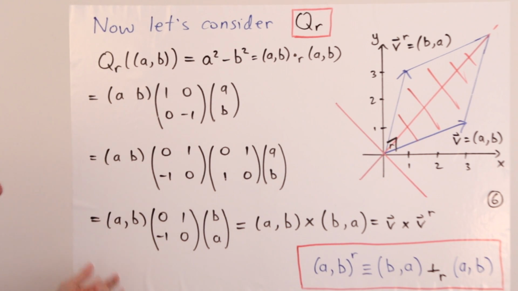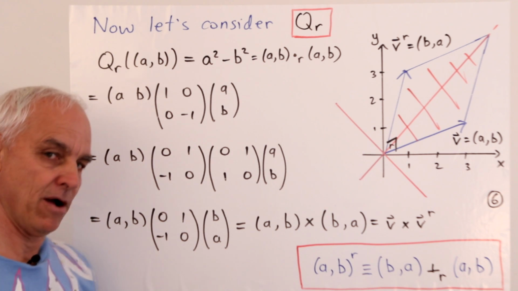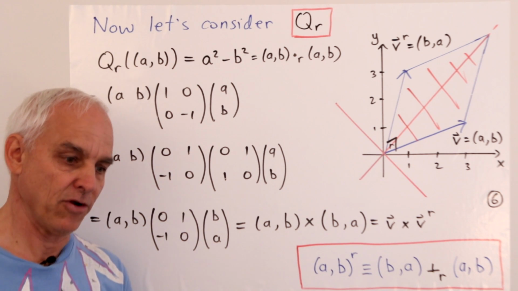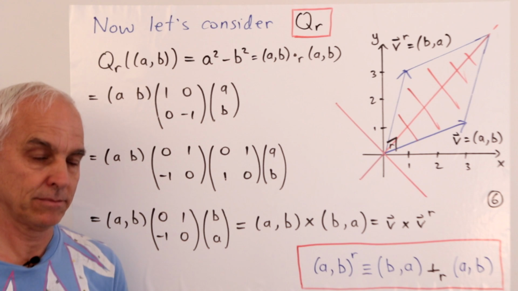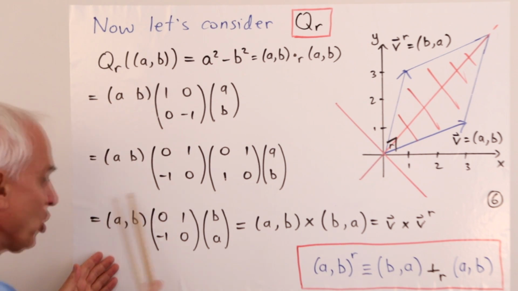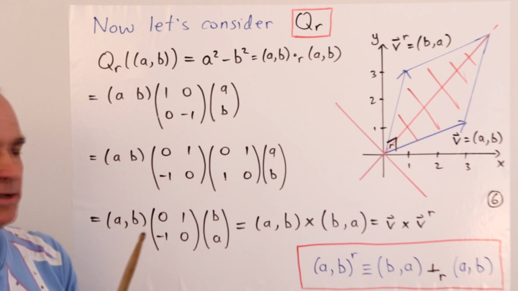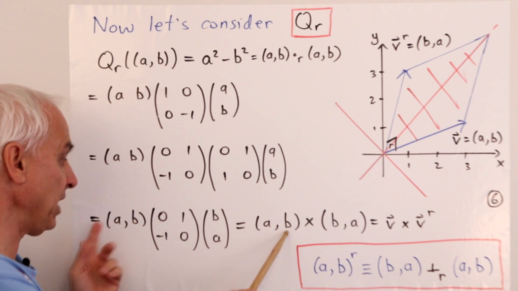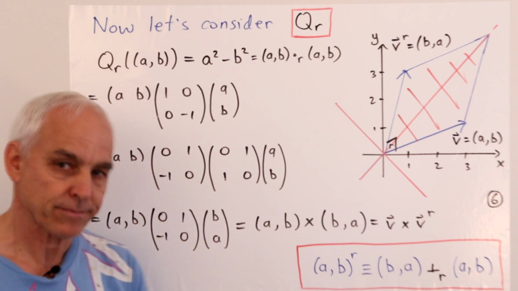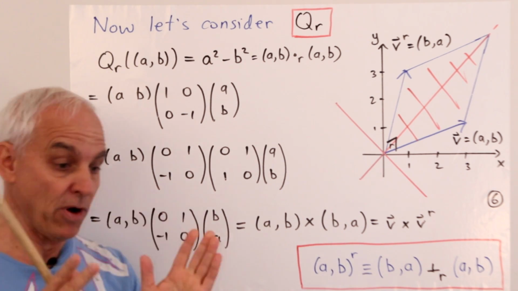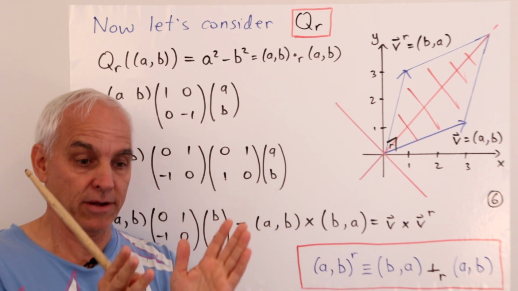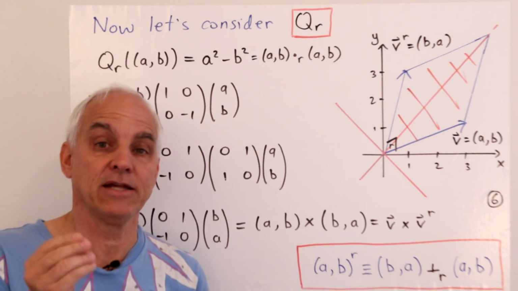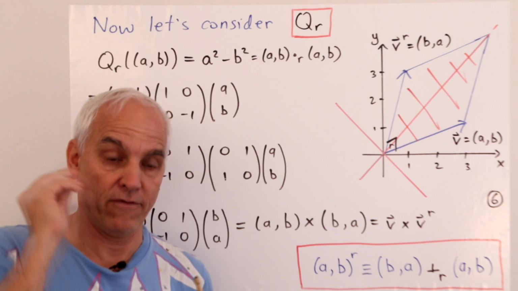And to compensate, we no longer have ab on the right-hand side. We have this other vector, ba. So we can interpret this now as a cross product. It's the cross product of ab with ba. And when we have a cross product, we have geometrical intuition. That's telling us that it is a signed area of a parallelogram.